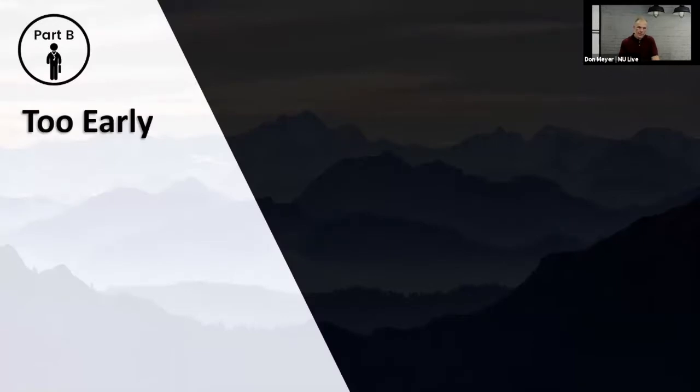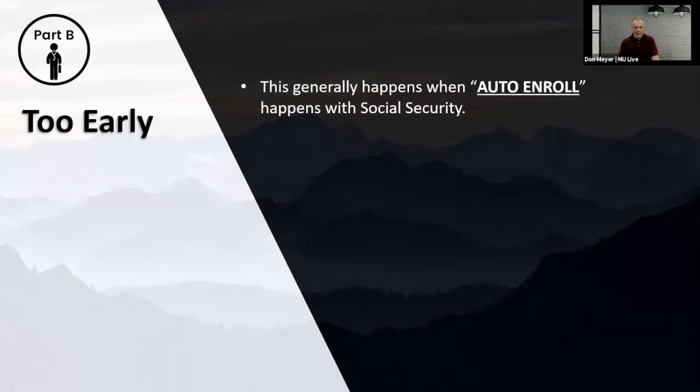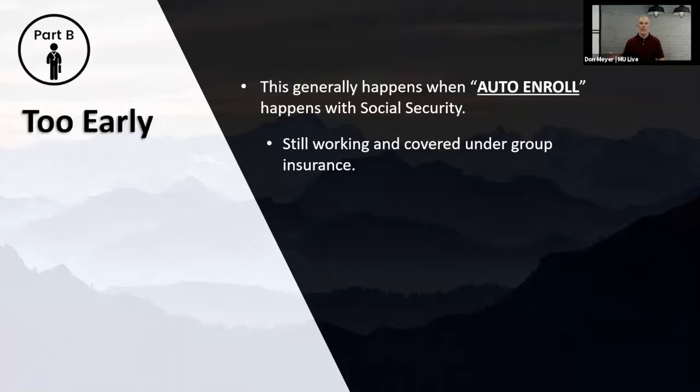Now, on the other side of the spectrum, you can also have people that enroll what we call too early into Part B. And what generally happens is this is when they are auto-enrolled with Social Security. In other words, they're still working and they're covered under their group insurance. And so it's common nowadays for people to say, I'm not going to wait for Social Security till my full retirement age at 66, or 66 and X number of months. I don't think Social Security is going to be around, so I'm going to take it as soon as possible.